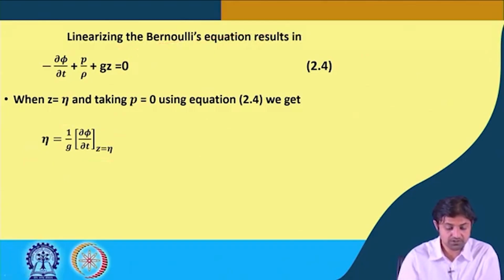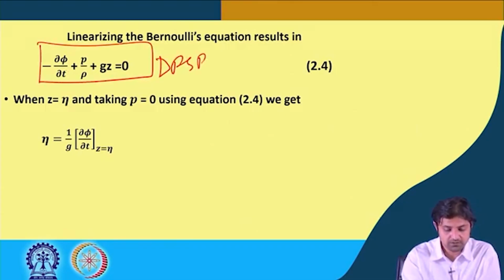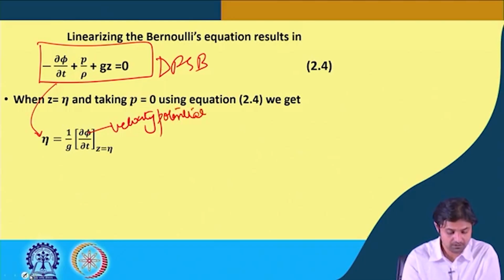So, eta, which was unknown from before, using the dynamic free surface boundary condition, we have been able to write eta as a function of velocity potential. You see how important that tool was.